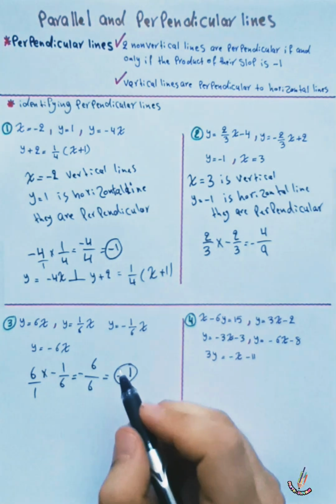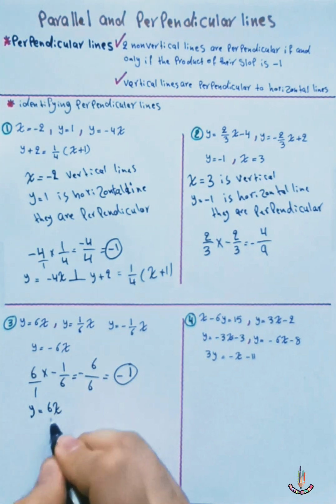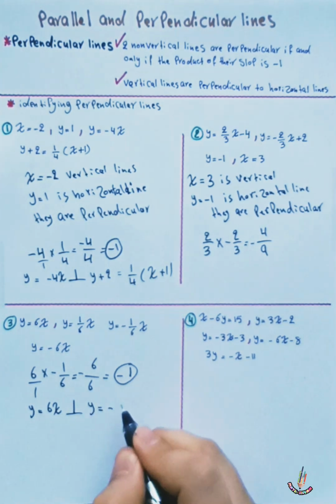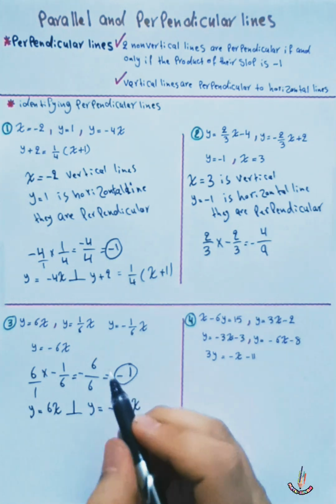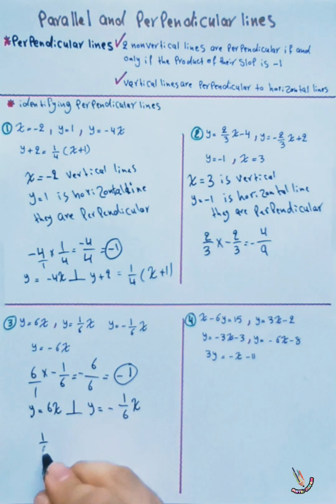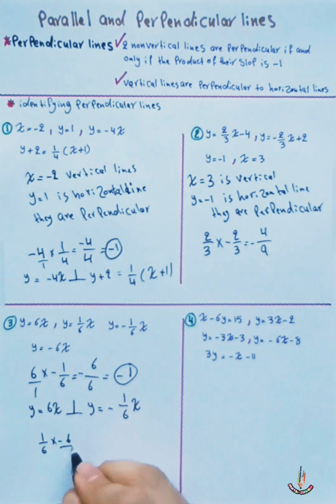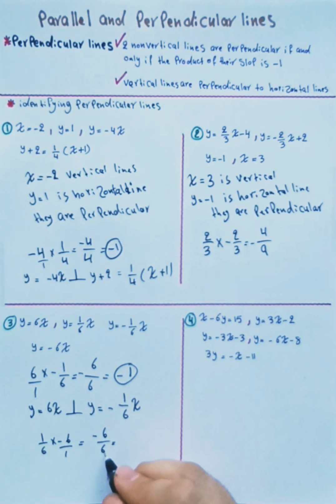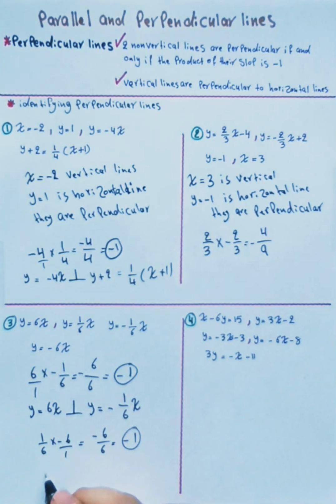So we can say these two lines, y equal to 6x, is perpendicular to y equal to -1 out of 6x. After that, the slope for this line is 1 out of 6, and the slope for this line is -6. When we multiply, we will get -6 out of 6, and 6 divided by 6 is -1. So we can say that these two lines, y equal to 1 out of 6 x, is perpendicular to y equal to -6x.